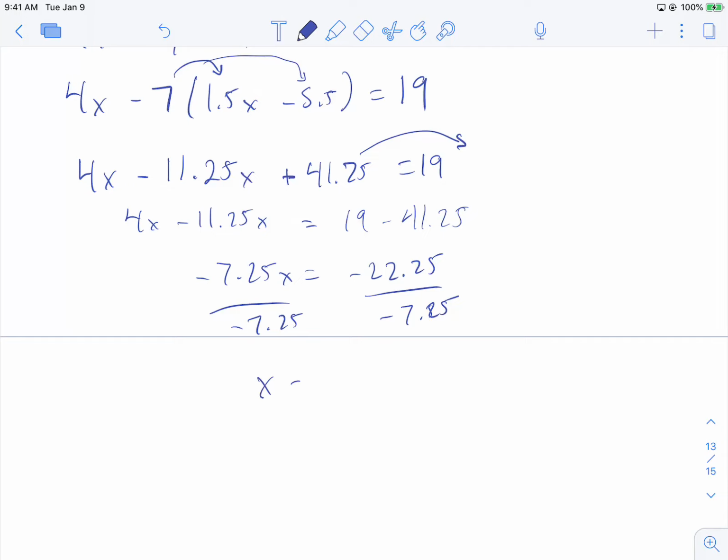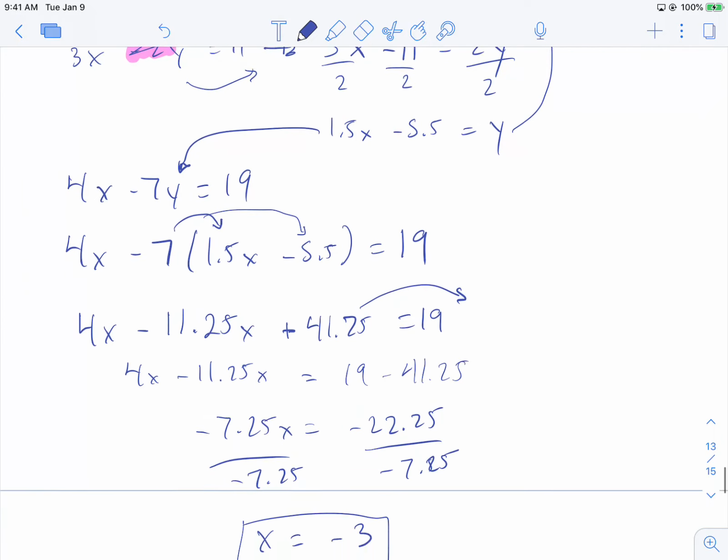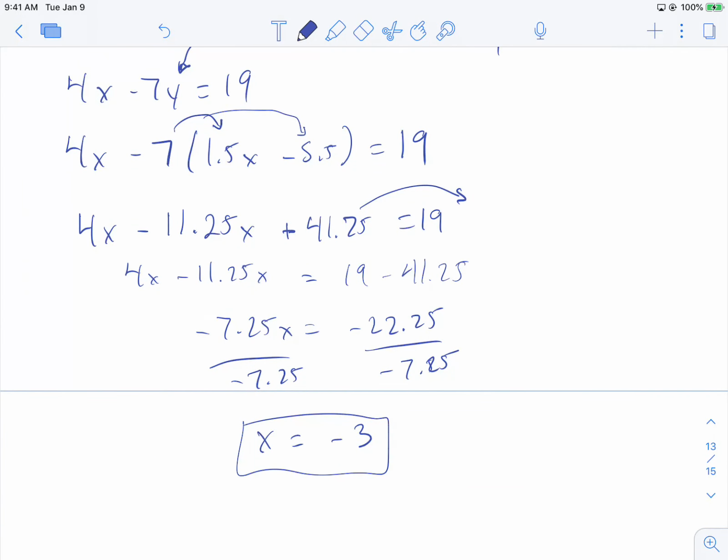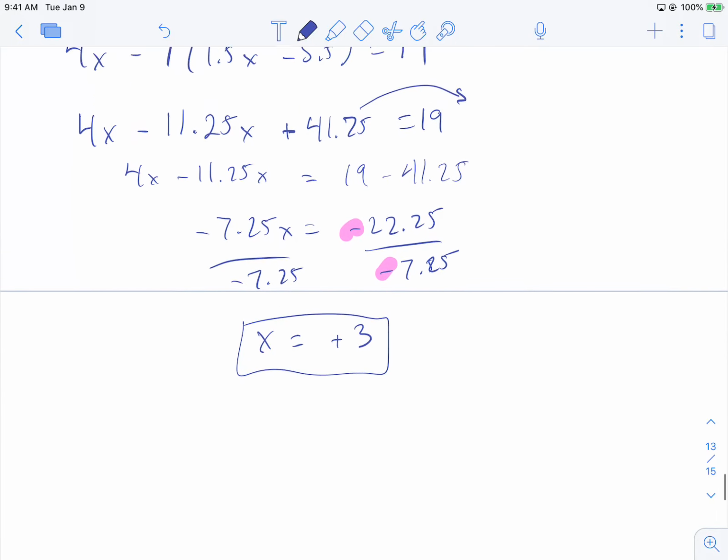So we get our x is about negative 3. Is that what we had before? Well, it is, but it's actually positive 3. I messed that up because we have a negative and a negative. That should give me a positive. So we are at positive 3, and that's good.